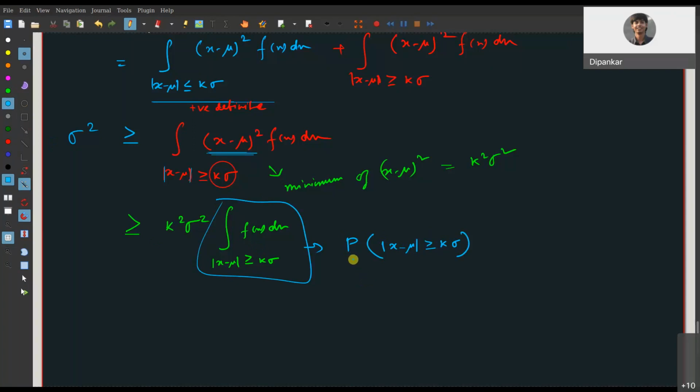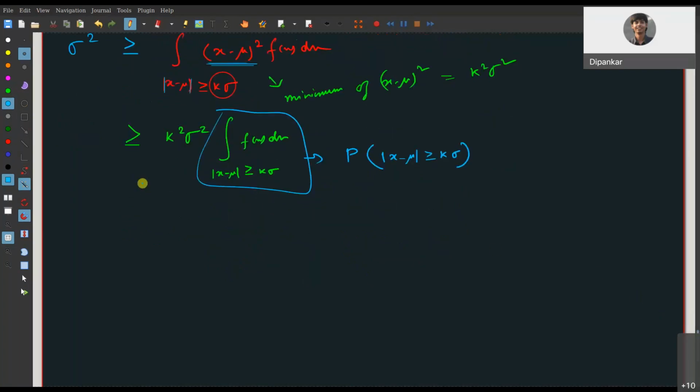So I find this probability times k²σ² is less than or equal to σ². If I invert this relation, the probability of |x − μ| ≥ kσ should be less than or equal to 1 over k². Okay, there goes the proof.